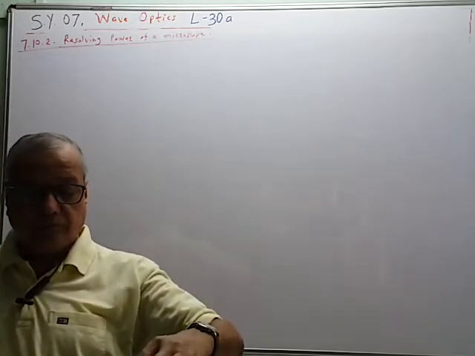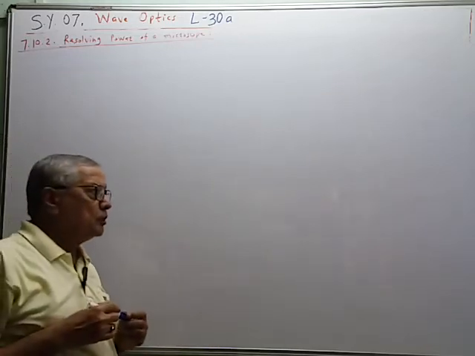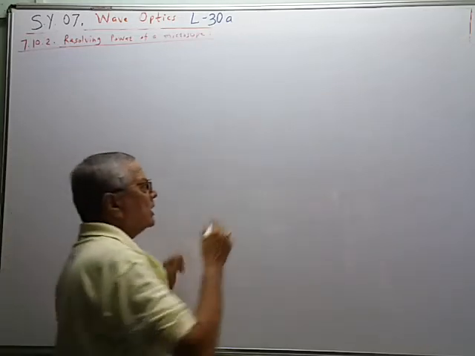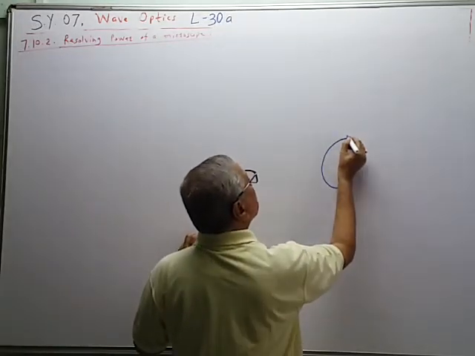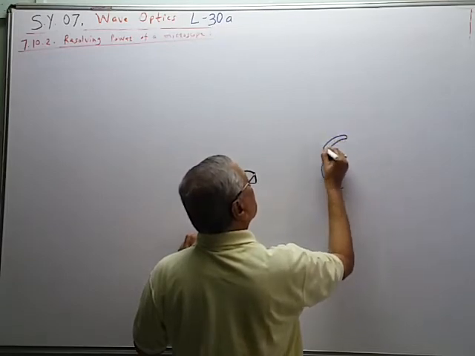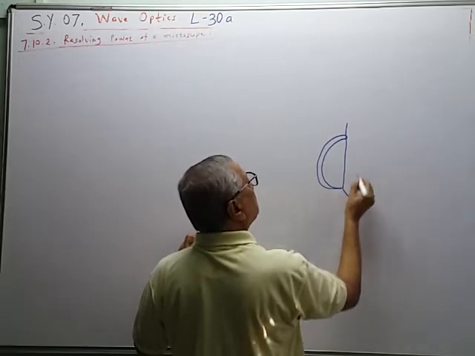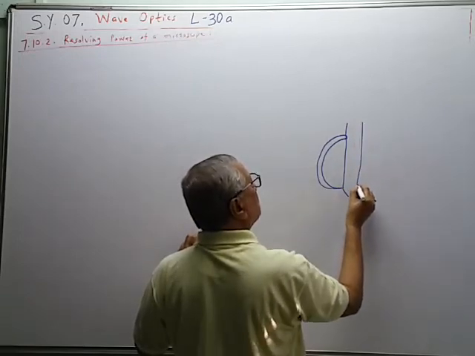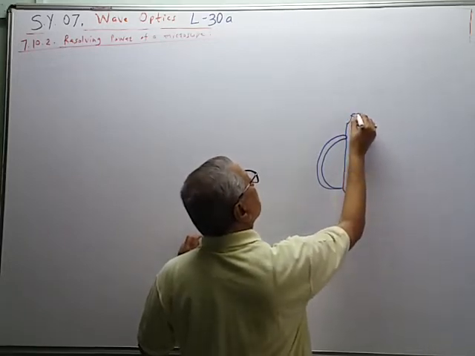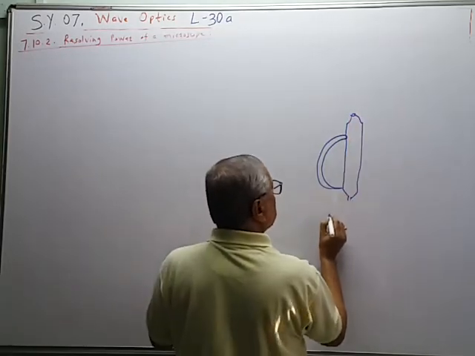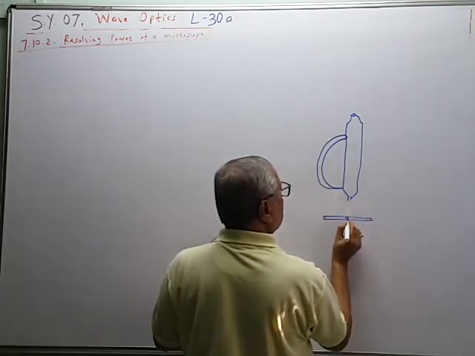So now we know the use of the compound microscope. What is the arrangement of the compound microscope? This is the body of the compound microscope. This is the tube attached to it. Here is a platform where there is a hole, lens.